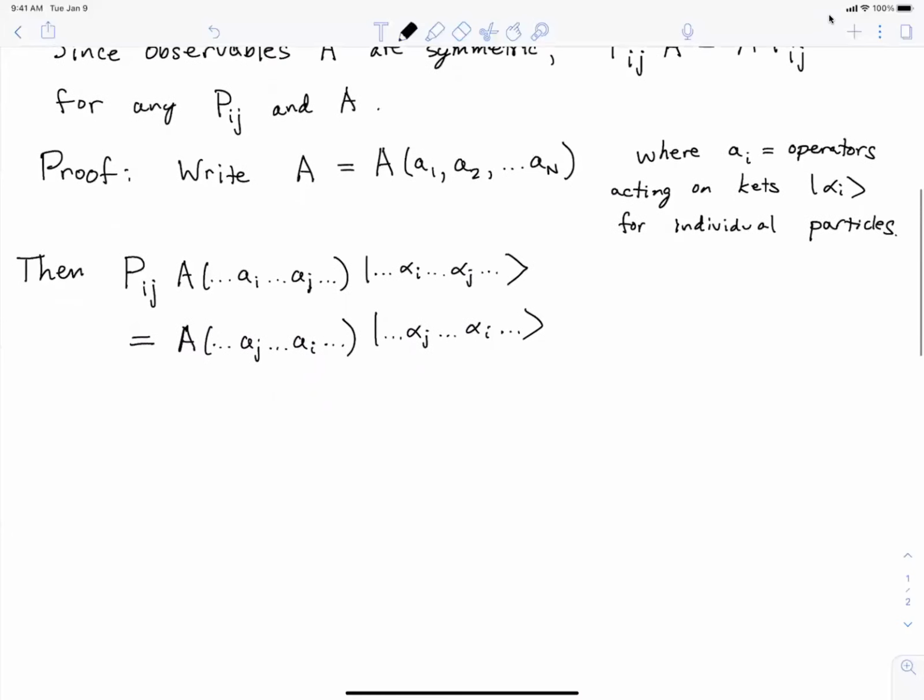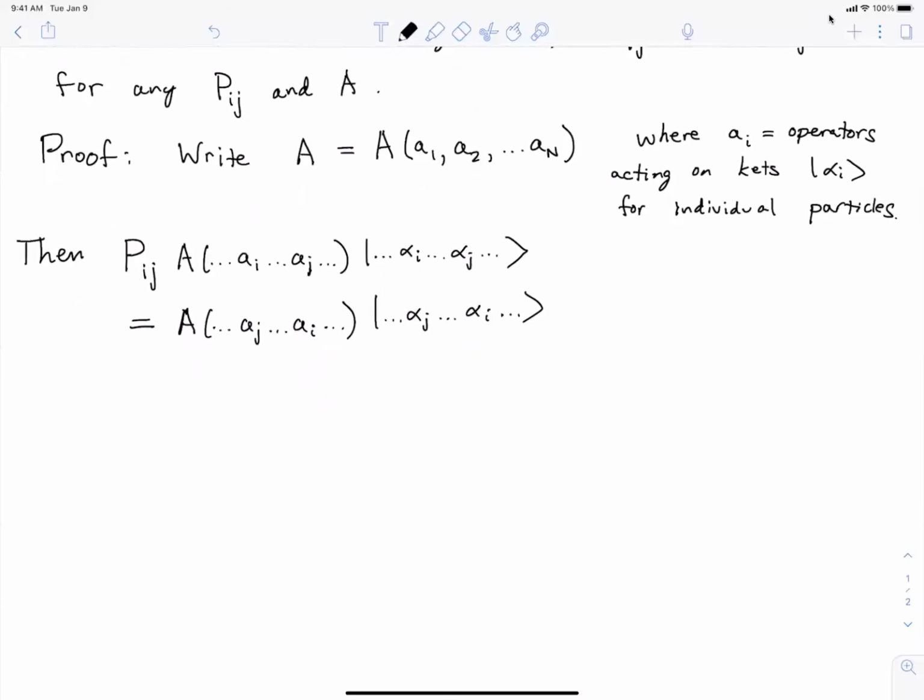Okay, and now this state I can rewrite in terms of the pair exchange operator. This is Pij acting on alpha I, alpha J, back again.